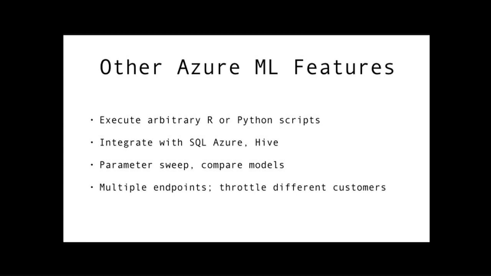If I need to do something that's not available out of the box, I can create entirely new machine learning algorithms that way. I can integrate with SQL Azure. Sweep parameters is pretty cool. I can connect that to my model, and I can just experiment and see which give me the best result. And if I want to throttle different customers, I can go back to the Azure Manager, and I can create different endpoints for each customer, and I can throttle them individually.